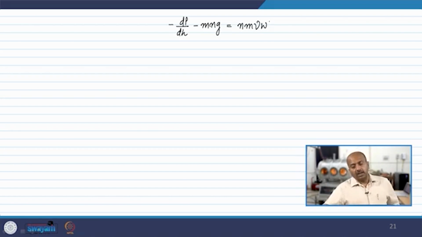P is the partial pressure. So, as the plasma travels along the length dimension which is indicated by small h, to nullify the pressure gradients, it will come under the influence of gravitational pull and a net drift velocity which is attributed to the collisions, right.